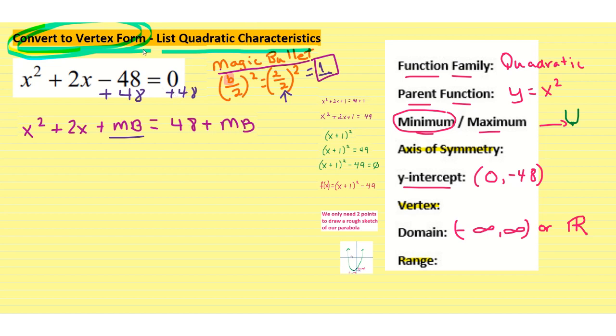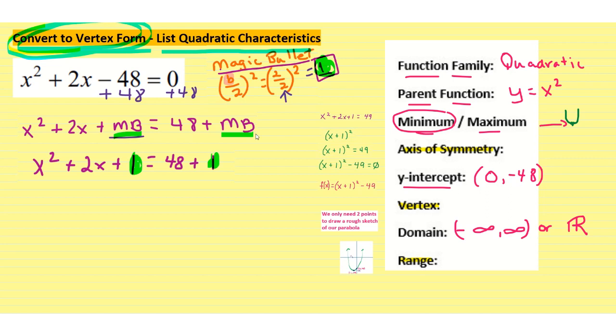Okay, so at that point, let's go ahead and plug in the magic bullet. So when we plug in the magic bullet, 1 is going to replace where I wrote MB. So the magic bullet is 1, and I have put in a 1 right here and a 1 right here where I said the magic bullet needed to go.